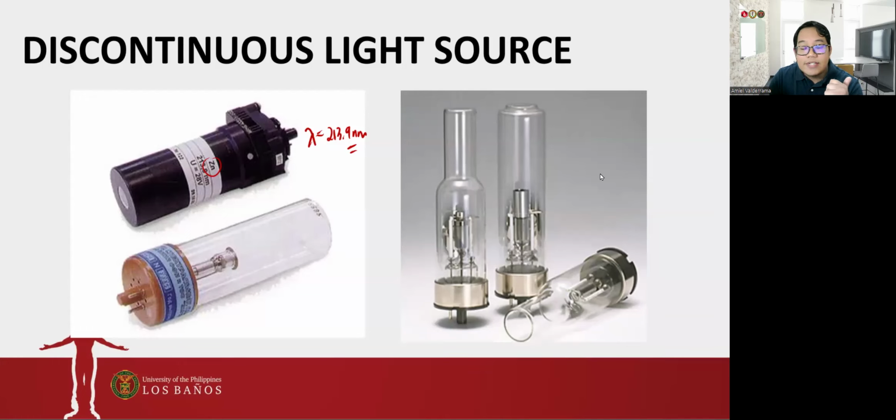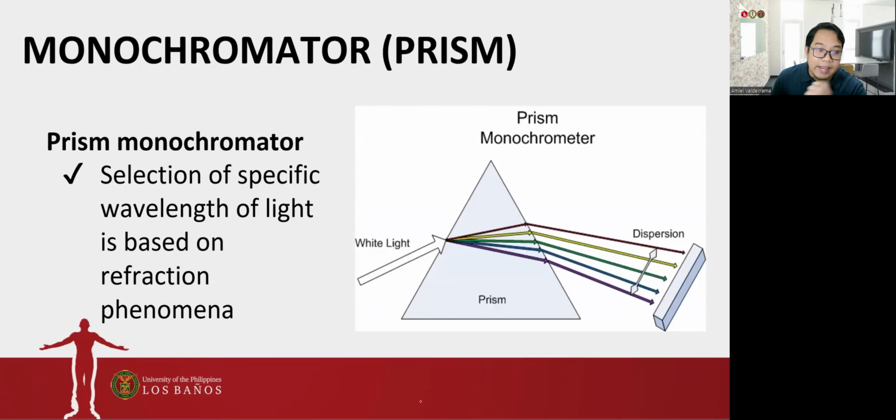Okay? So we have several types of monochromator. First, we have the prism. Ayan. So the prism monochromator, so yung ating polydispersed light na white light, kapag pumasok yan sa prism natin, nagkakaroon tayo ng refraction of light. Okay? So the specific wavelength of light is based on refraction phenomena.